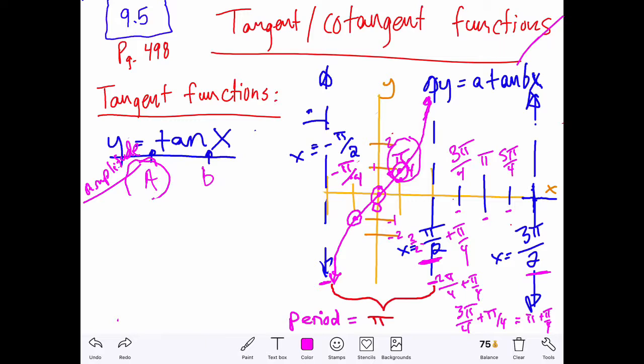And plus another pi fourths would be 6 pi fourths, or 3 pi halves. So we've got, again, to our other asymptote there. Okay, and now it should be easy. We know that in the middle, pi should be at 0. 5 pi fourths should be at our positive amplitude of 1. And 3 pi fourths should be at our negative amplitude of negative 1. And then again, I draw my shape. And notice it mirrors my other shape.